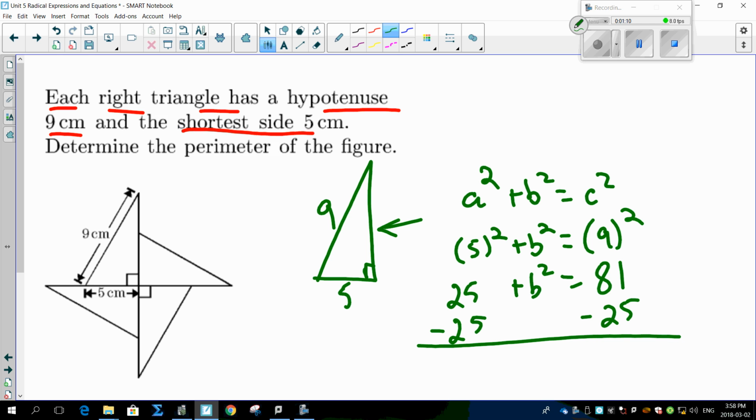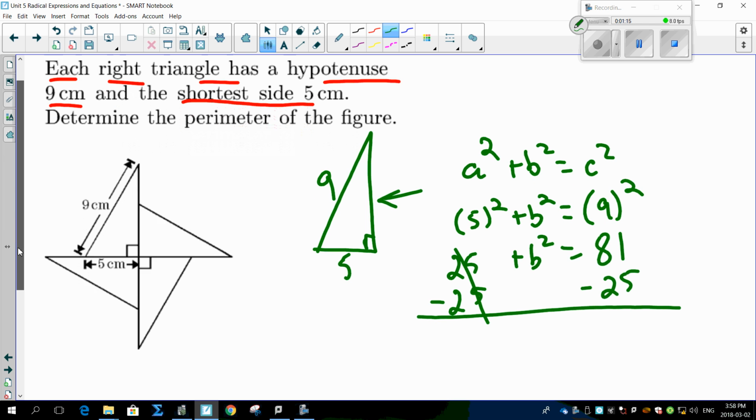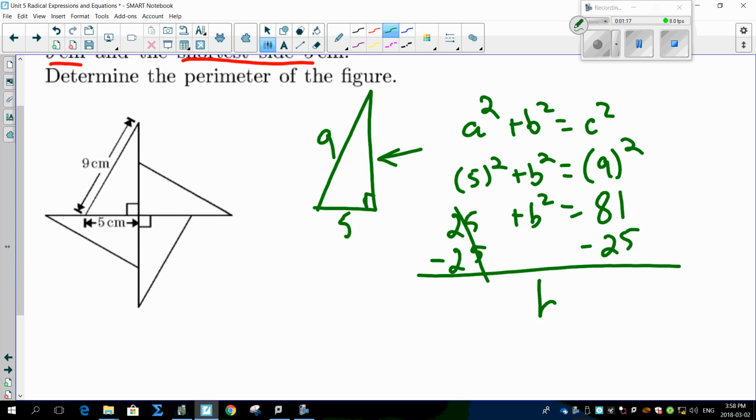Okay, so perfect. That's going to cancel. That's going to give us b squared is 81 minus 25. Well, we know that that's going to be 56. So we have to square root this. B is going to equal the square root of 56.